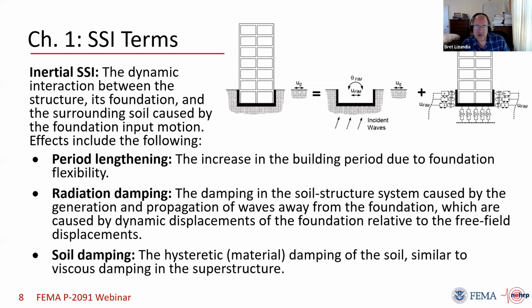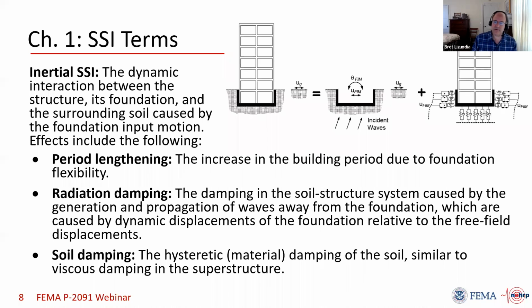There's a couple different kinds of damping. Just like there's equivalent viscous damping in the structure that we're all probably familiar with, there are damping effects in the soil. So soil damping is one. Soil damping is hysteretic damping. That's what's most similar to viscous damping in the building itself.